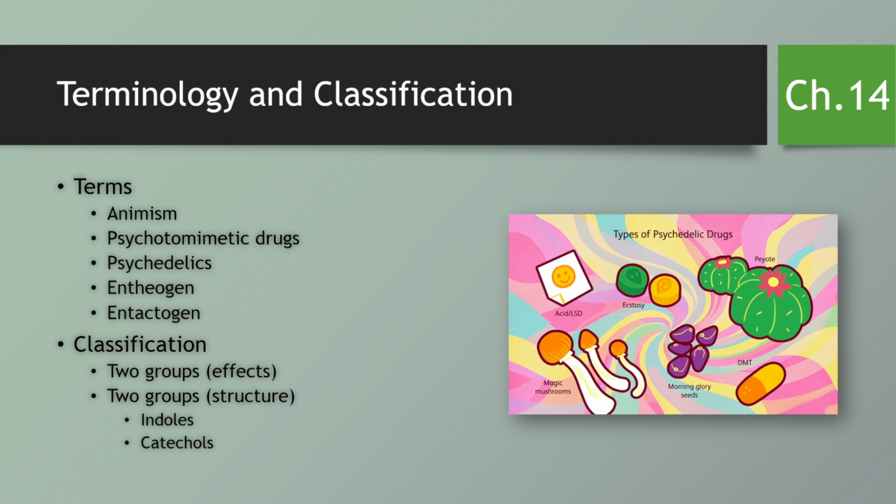Then we have catechols, drugs that have the same basic structure of the neurotransmitters norepinephrine and dopamine. Examples are mescaline or even MDMA, or ecstasy. All right, so let's go through each of these and talk a little bit about them.